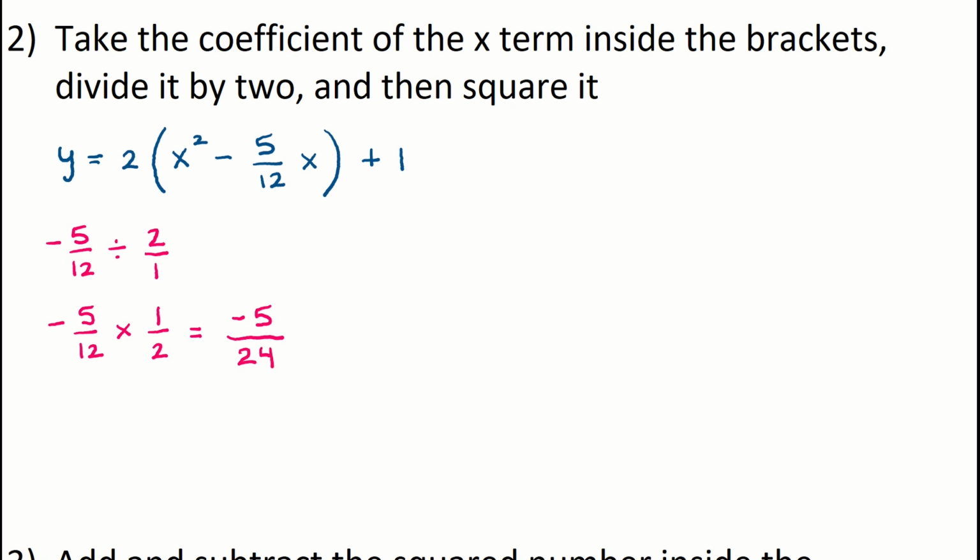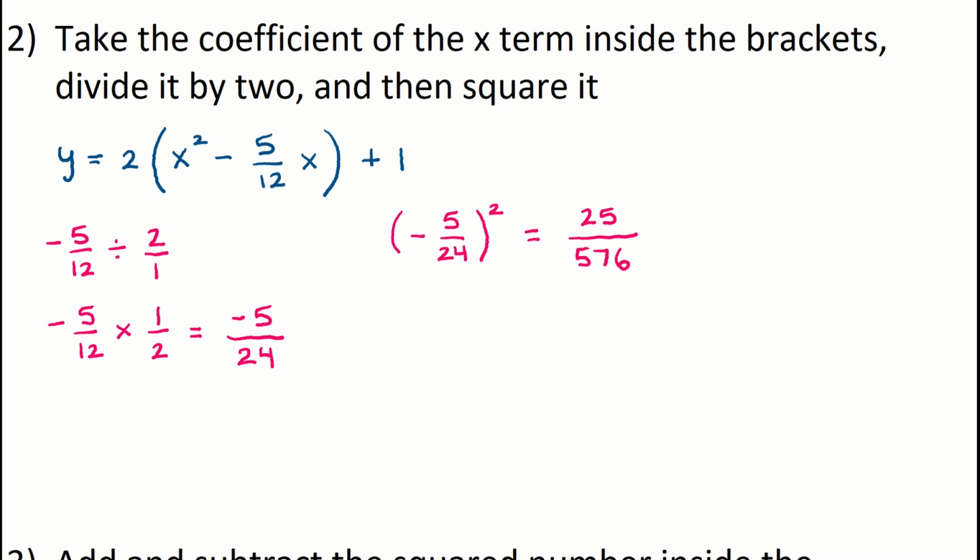So that is just the first part of this. Take the coefficient of the x term inside the brackets, divide it by 2, but we also need to square it. So now we have negative 5 over 24, and we need to square this term. Squaring the negative 5 gives us a 25 as the numerator, and squaring the denominator gives us 576.